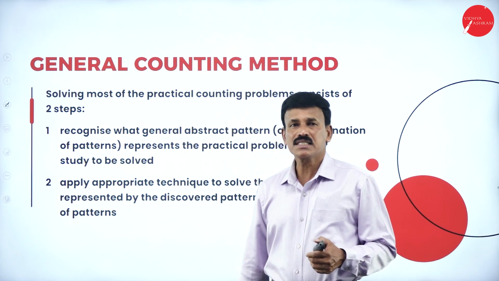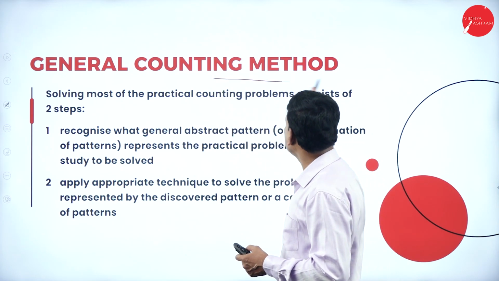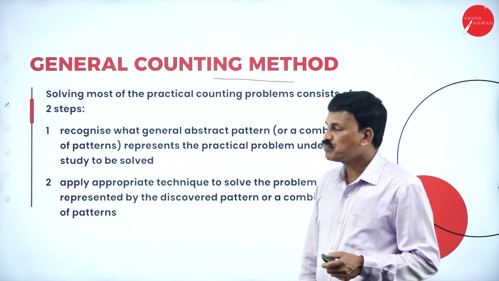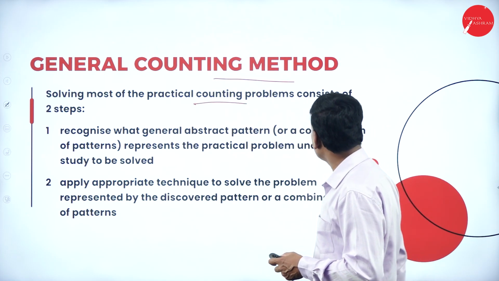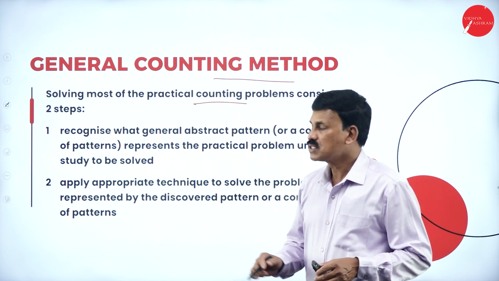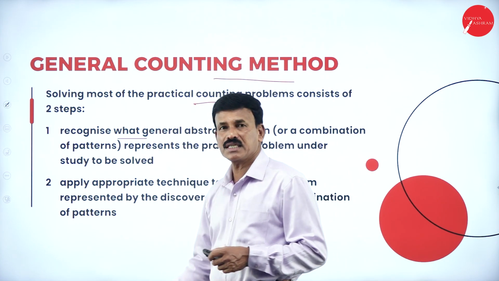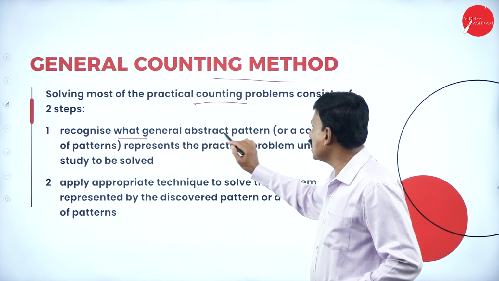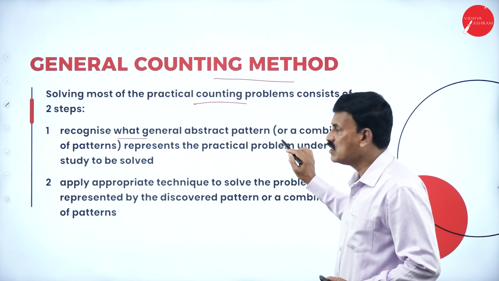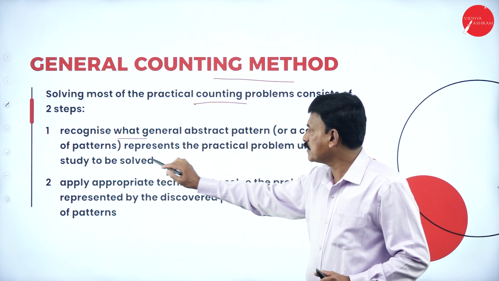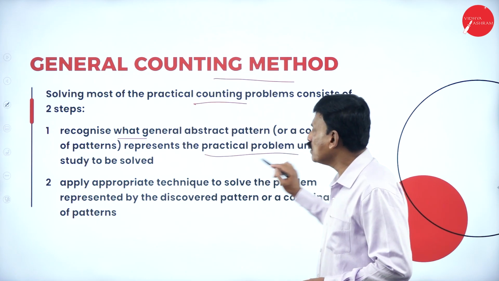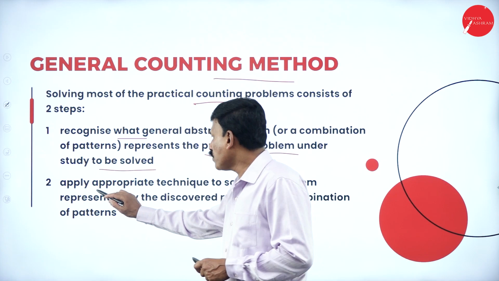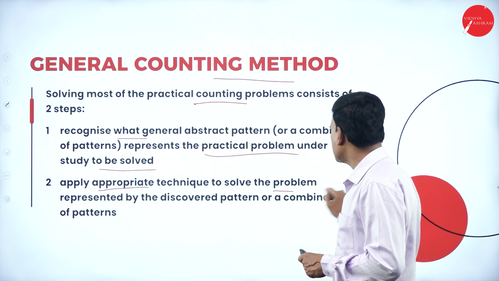Okay. Now let us come to the next concept, the general counting method. Most practical counting problems consist of two steps. The first step is recognizing the problem, that is, recognizing what general abstract pattern or combination of patterns represents the practical problem under study. Second, apply the appropriate techniques to solve the given problem.